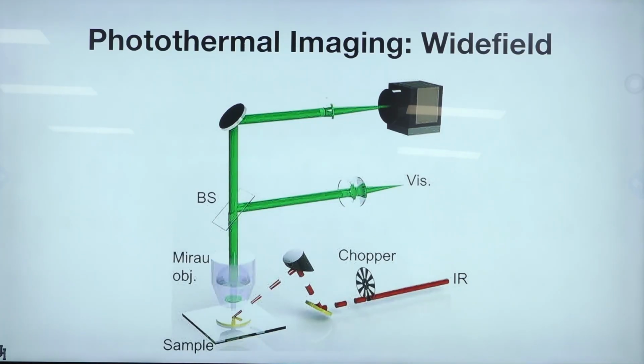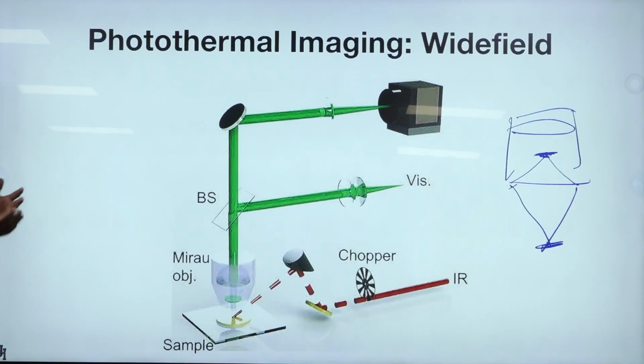A mirror objective is a special type of lens that is a beam splitter and a lens combined into one piece. It's a lens where there is a mirror inside. So half the light goes into the sample, the other half goes to a mirror, and light comes back. It's a combination of a beam splitter along with a lens, both in one single device.